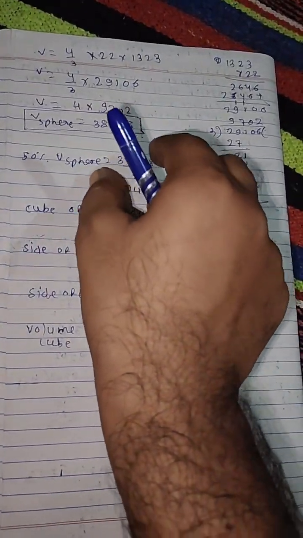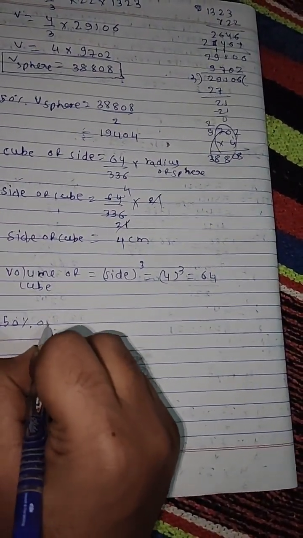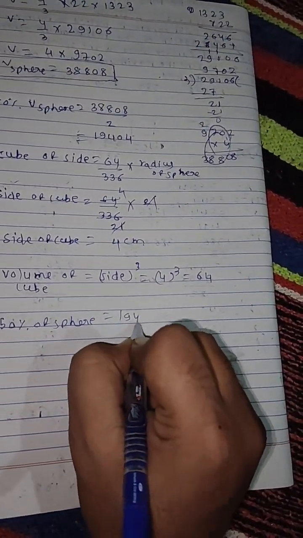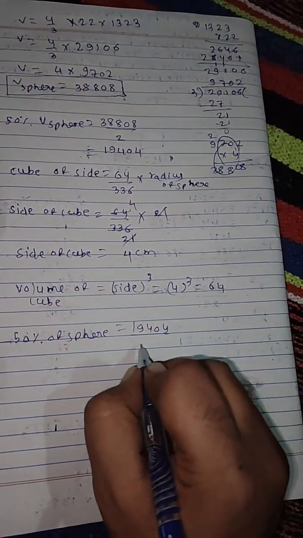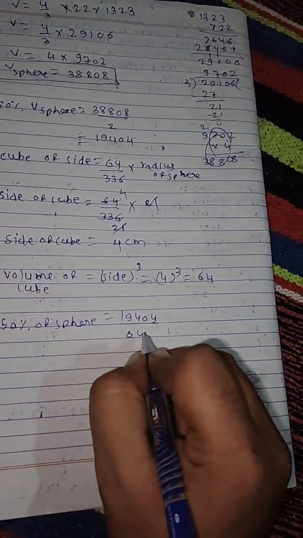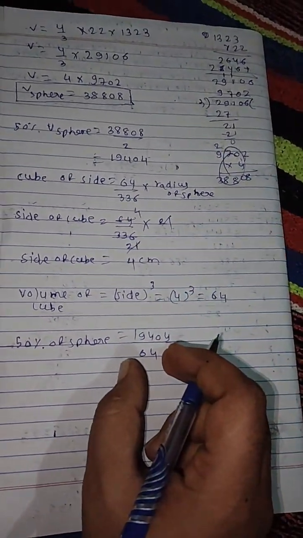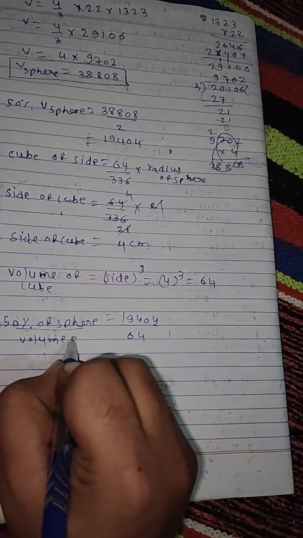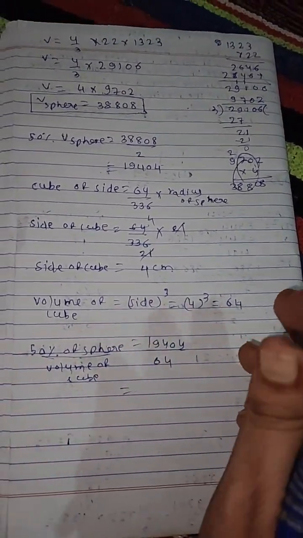In the 50% volume of sphere, how many cubes can we make? We just need to divide the 50% of sphere by the volume of the cube. So this many cubes are formed.